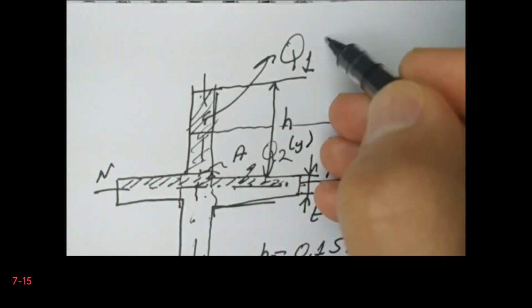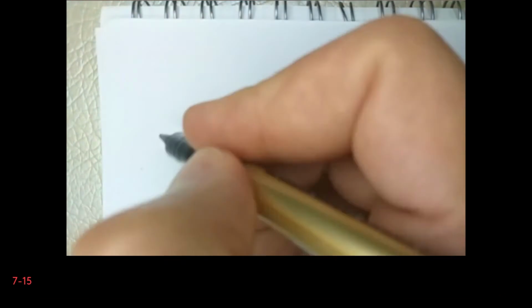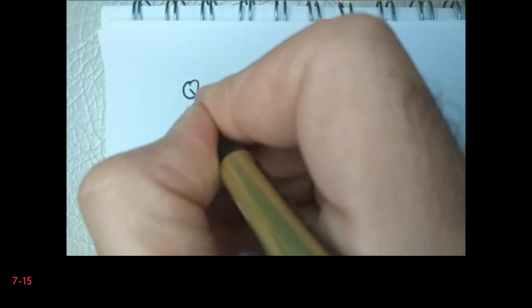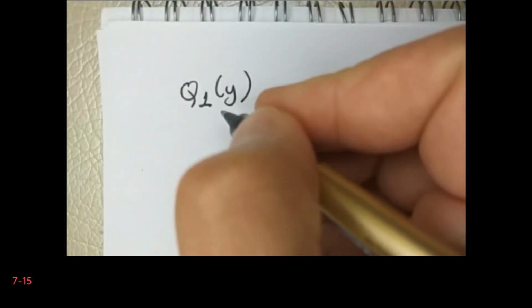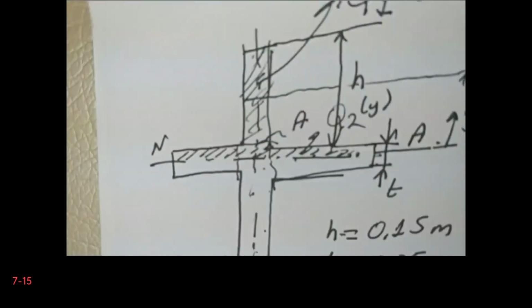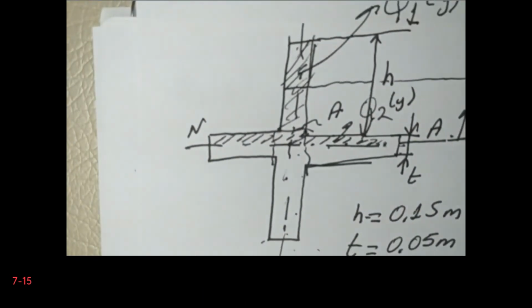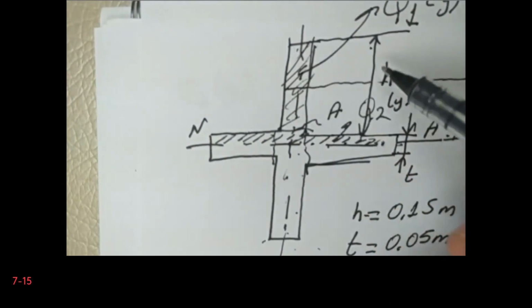So let's begin by calculating Q1, which is a function of y. Now, certainly the centroid of this area is (h minus y) divided by 2 plus y.